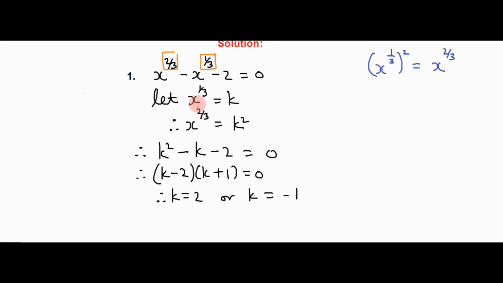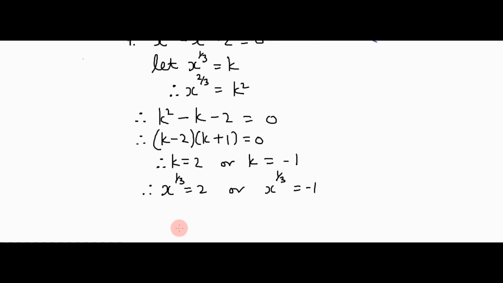Remember we said x to the 1/3 is k, and here we have k is equal to 2, or k is equal to -1. So this means that x to the 1/3 is 2, or x to the 1/3 is -1. So we end up with a type of exponential equation where the unknown or variable is in the base.